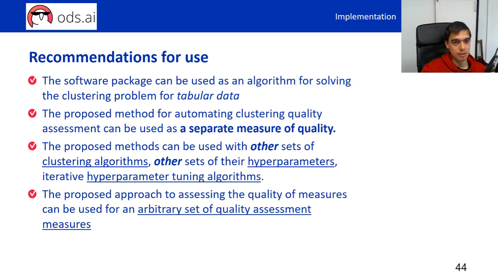But still, you have an option to choose other algorithms, and we state that our approach is still viable and it will work. And also, the proposed approach to assessing the quality of measures can be used for an arbitrary set of quality assessment measures. So instead of the 19 CVIs, quality measures that we mentioned above, you can use your own set. The approach stays the same.